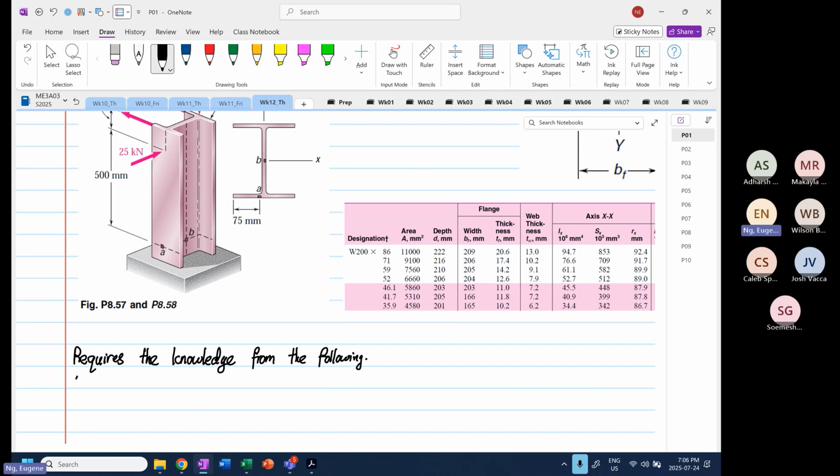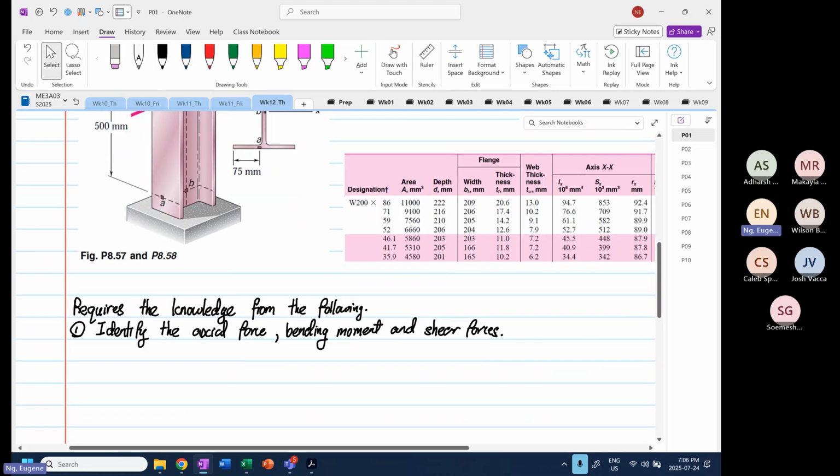Number 1, we have to identify the axial force, bending moment, and shearing forces. That is the first thing that we have to do.